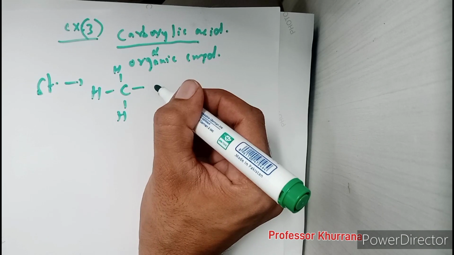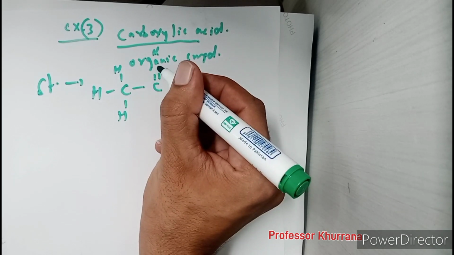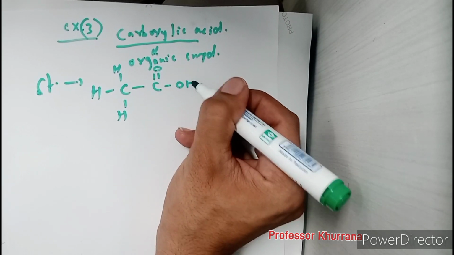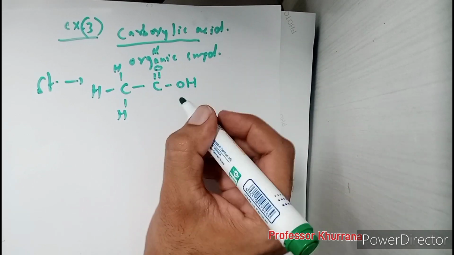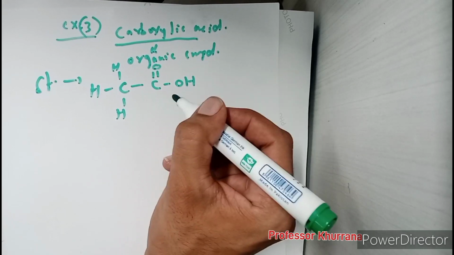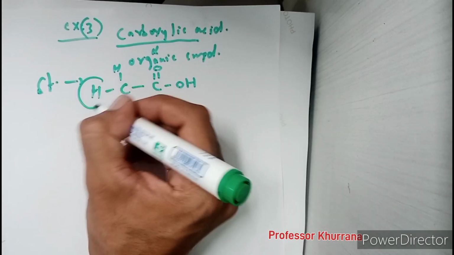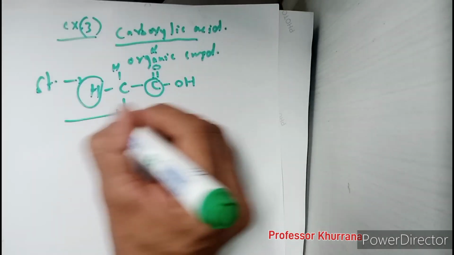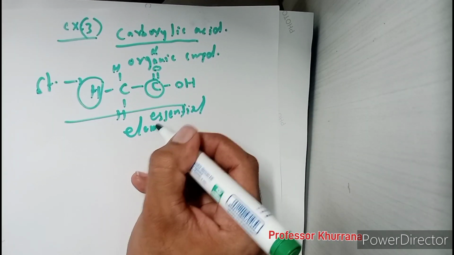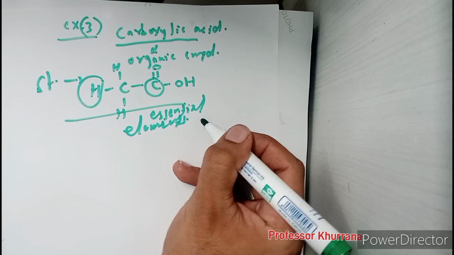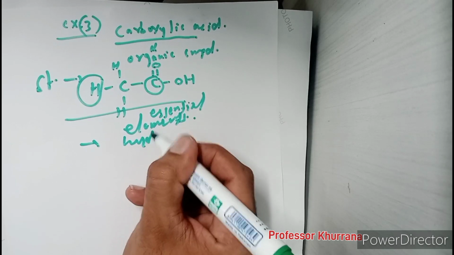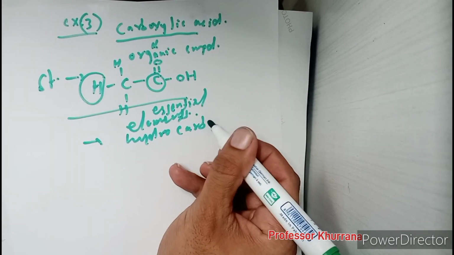Here carbon is attached to a second carbon that is attached to oxygen with a double bond, that is attached to OH. So carboxylic acid is also an organic compound, and hydrogen and carbon are the essential elements in organic compounds. So carboxylic acid is also a hydrocarbon.